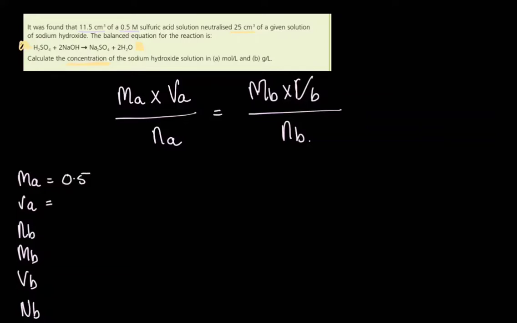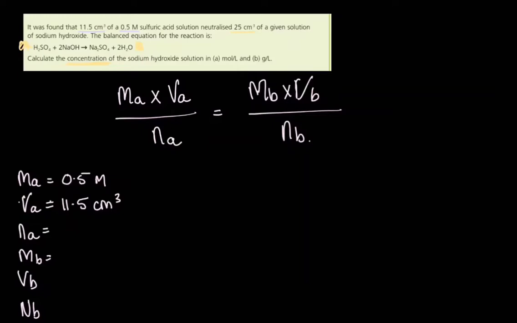The volume is usually the average titer, so if you're doing an experiment, the volume is how much acid you titrated down into the conical flask full of your base. And the number to do with the acid is the number in the equation.